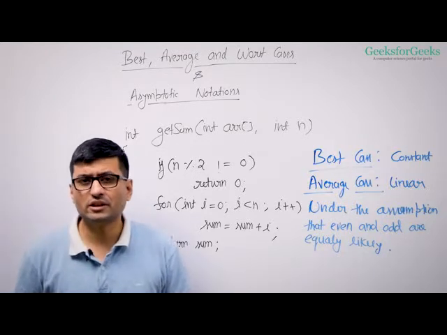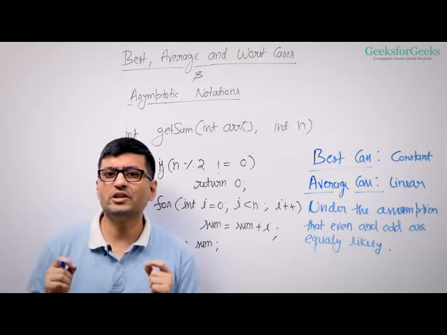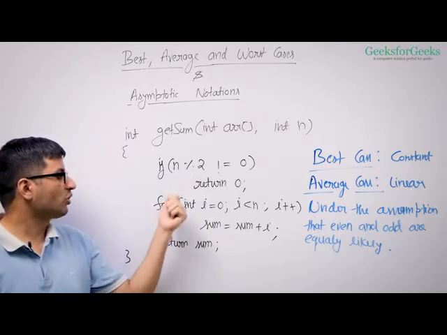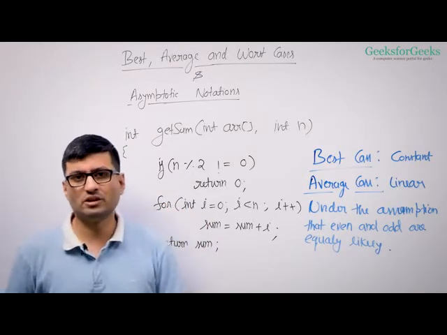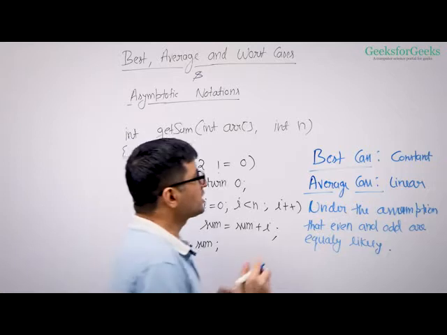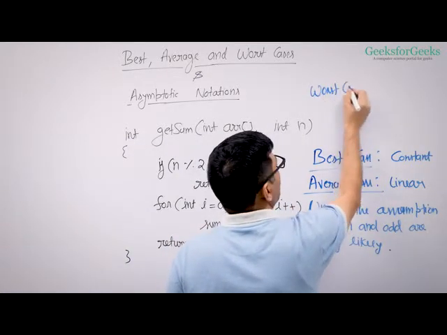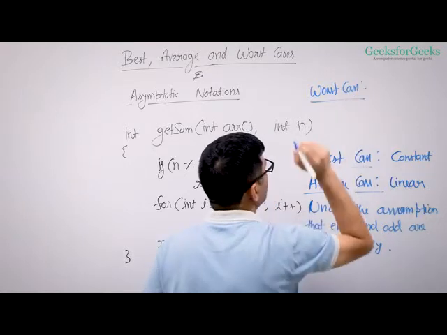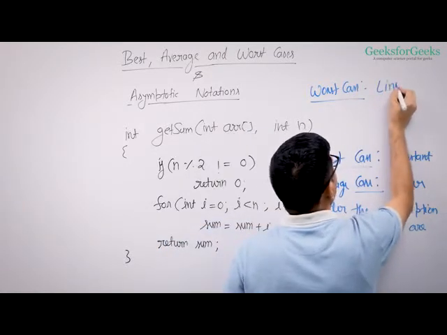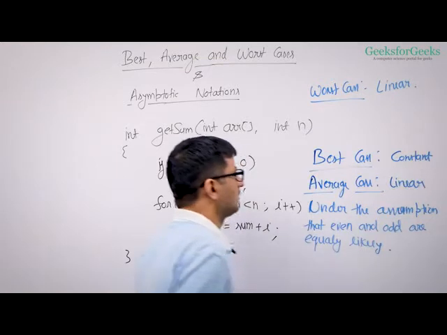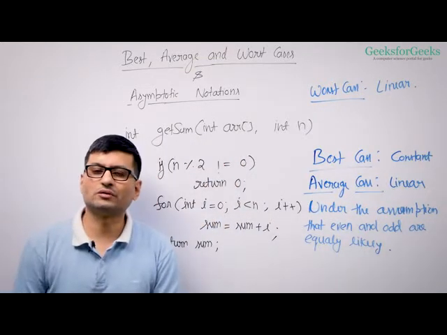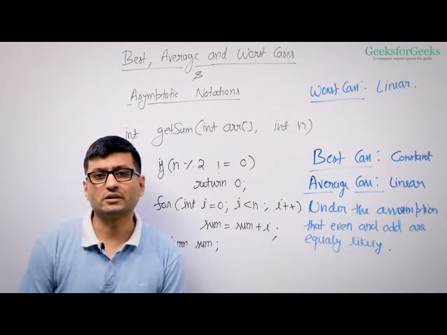In worst case, your n will be even. When n is even, it's always going to take linear time. Doesn't matter. So worst case for this algorithm, or this code, is linear. That's the order of growth of this function for 3 different cases.